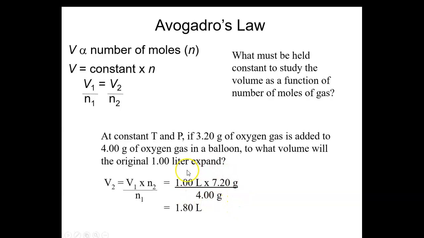We plug in numbers and units, and we get 1.80 liters. It's expanded, just like we wanted. Now note, we had 7.2 grams as our total here because we added to the original 4 grams. And we have to keep aware of how the problem is structured. So answer the question that is asked.